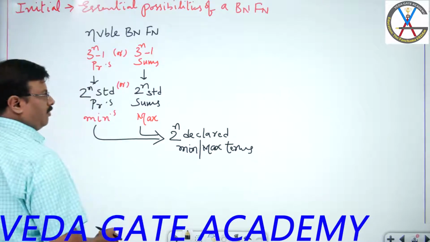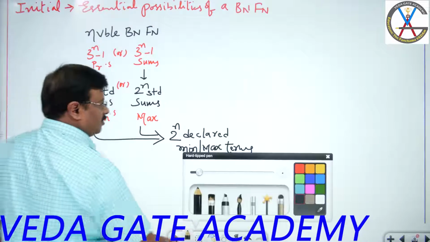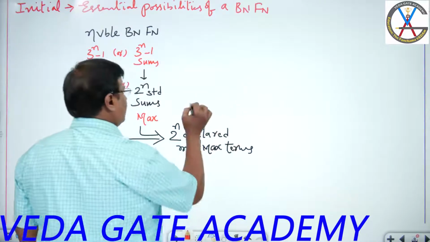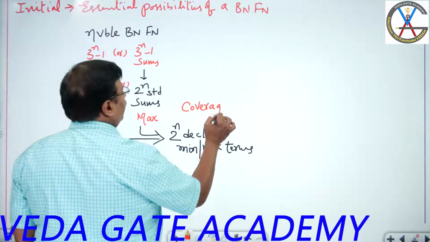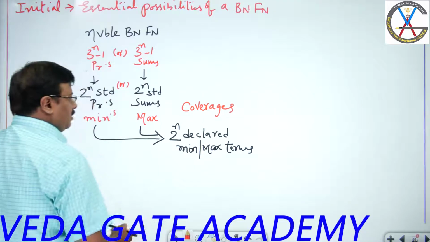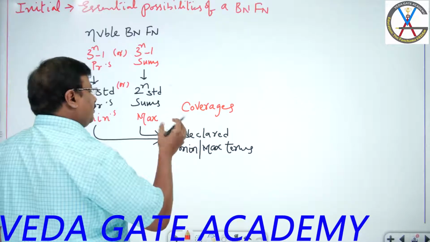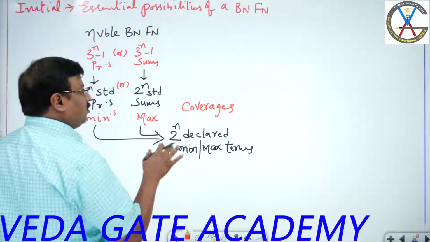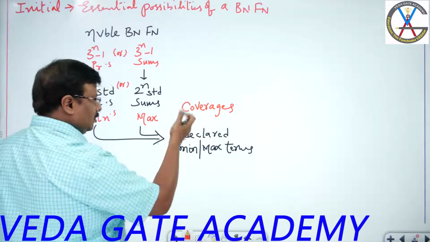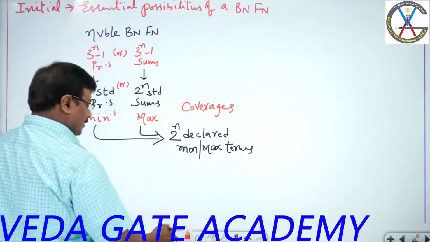Repeat, 2 power n declared min or max terms, and this is called coverages. For a particular function, we declare some min terms and some max terms and combinations. That is called coverages.